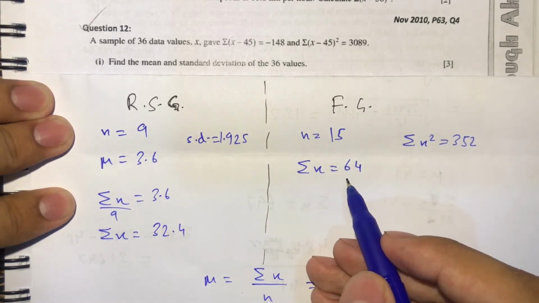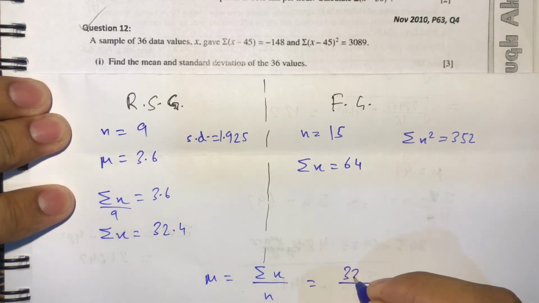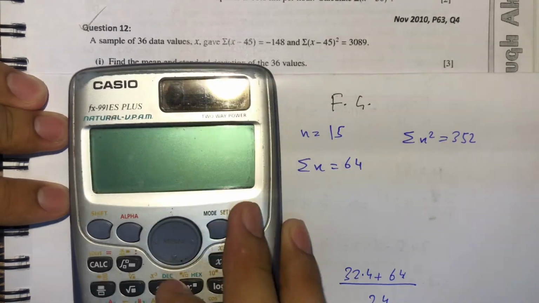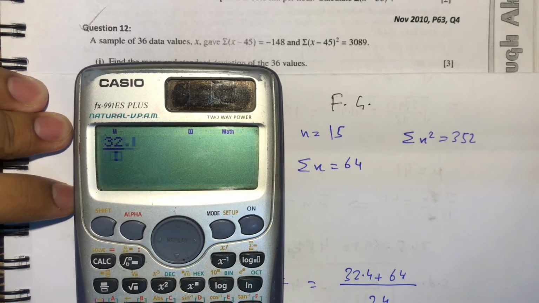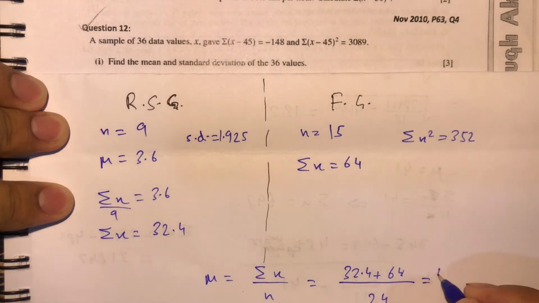And sigma x of Fairville Garage is given. So the total sigma x will be 32.4 plus 64, and then divide that by 24 to get the mean. So 32.4 plus 64 upon 24 is 4.02 to 3SF.